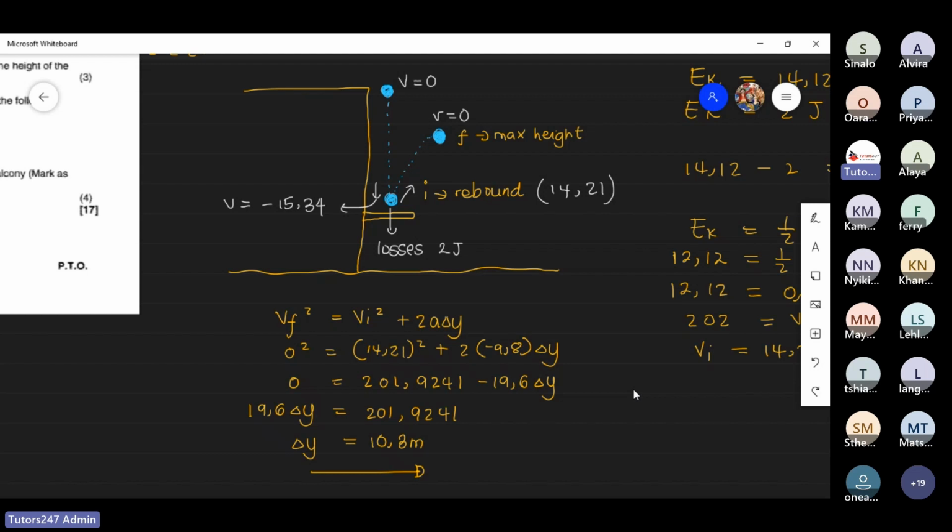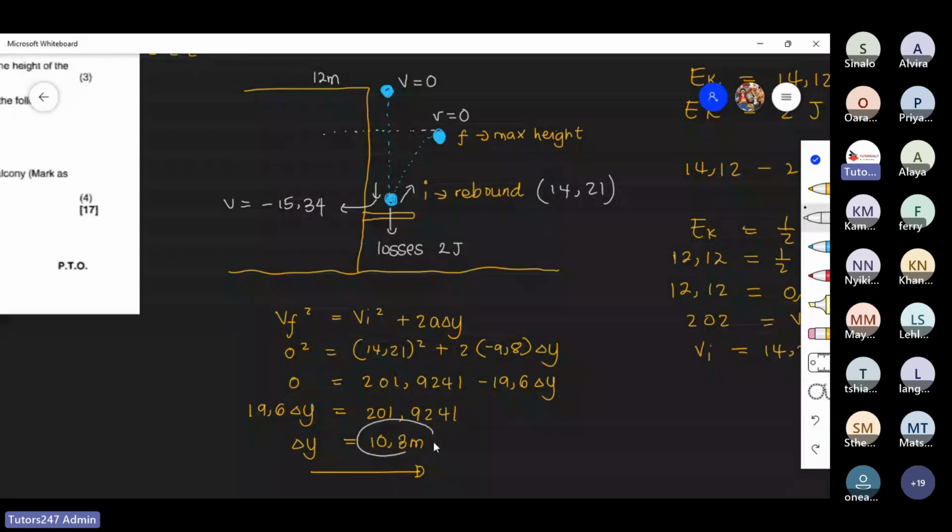Another indication that our answer is correct is that our maximum height, as you can see from the graph, is lower than the height at which the object was dropped. Keep in mind that the top of the building is 12 meters, and this maximum height is less than 12 meters.